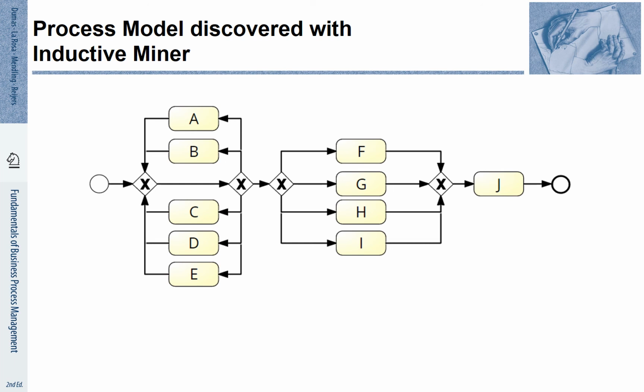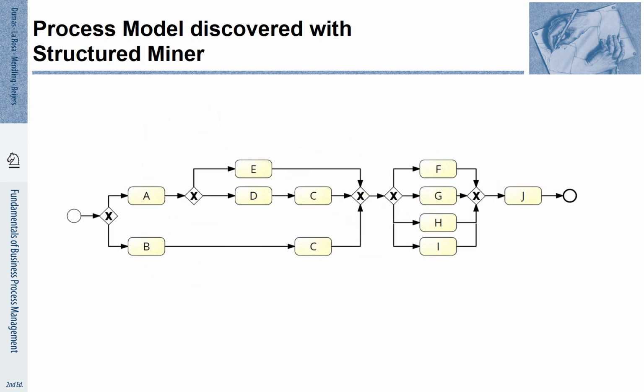Now, for the same event log that is underlying this process, let's look at a different algorithm. For the same data, the Structured Miner has been able to increase the structuredness. We see here that while the Inductive Miner only identified one XOR block on the left-hand side of the model, the Structured Miner found some substructures.